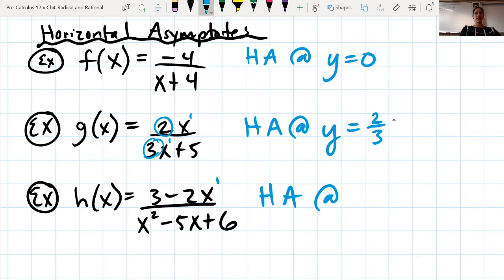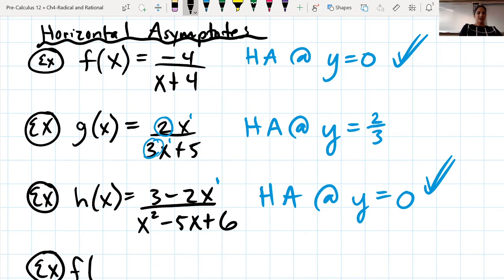The degree of the bottom is x squared, so the one at the bottom is larger, so it's at y equals 0, just like in this first case here. So I wanted to show you this first example compared to this third one because it shows up in a slightly different form, but you end up getting the same asymptote.